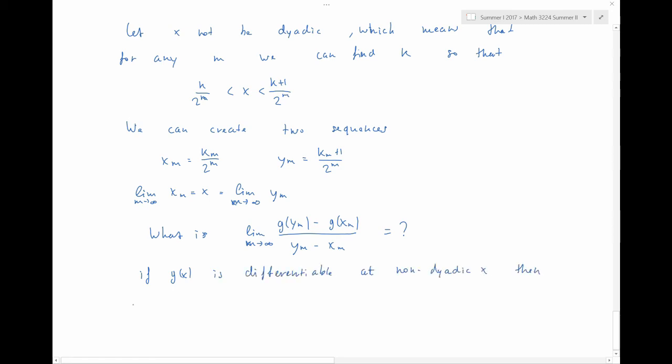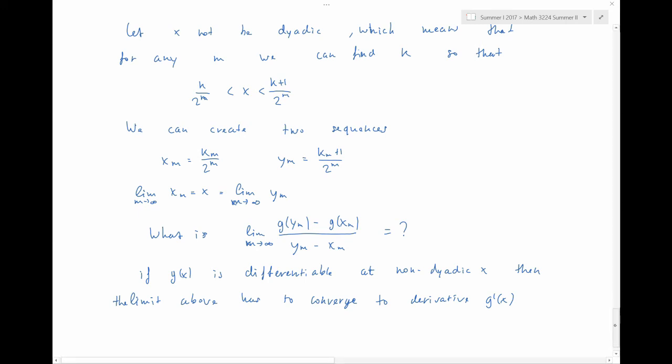Then the limit above has to converge to the derivative. However, as m goes to infinity, we can show that the limit of this quotient doesn't exist, therefore showing that the derivative at the point x may not exist as well.